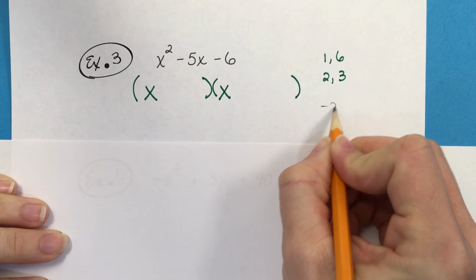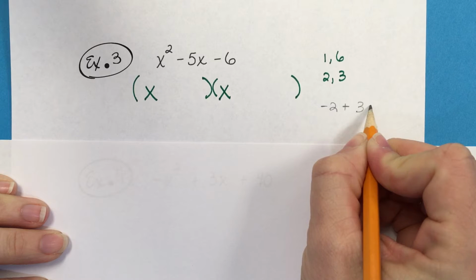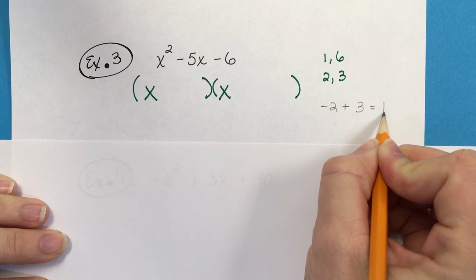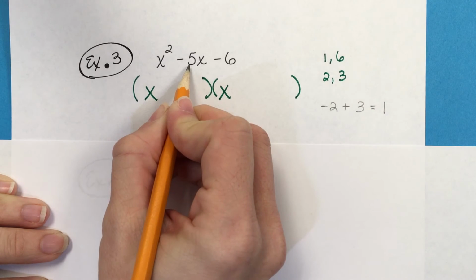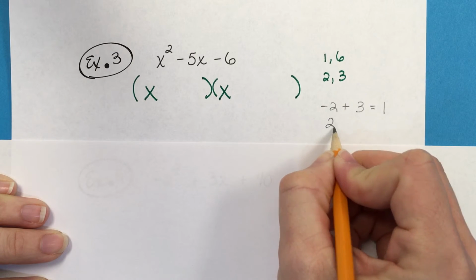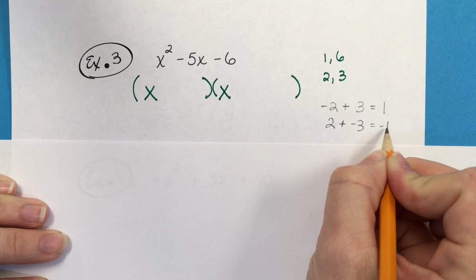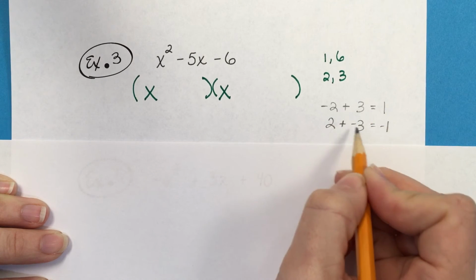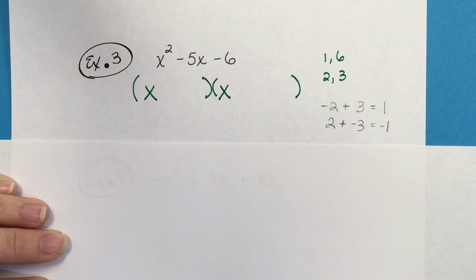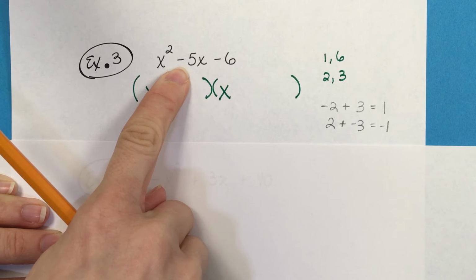I could go with a -2 and a +3, but when I add, I end up with a +1. Well, that's not giving me that -5. Okay, if I switch it and make the 2 positive and the 3 negative and then add, I get a -1. So using a 2 and a 3 with different signs, I know I have to have different signs, that is not going to give me my -5.